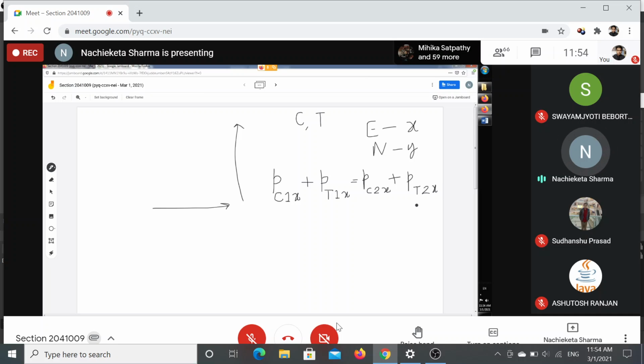For the second part of the equation, I will just change x into y. That I will do later on. Just wait. So this is my car and this is my truck.